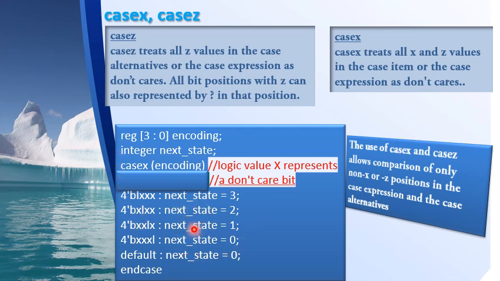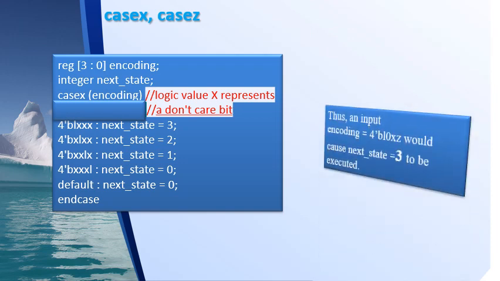So this is the casex or casez statement. In this example, if I take a value of 10XZ for encoding, the casex statement is just going to check for non-X and non-Z values.